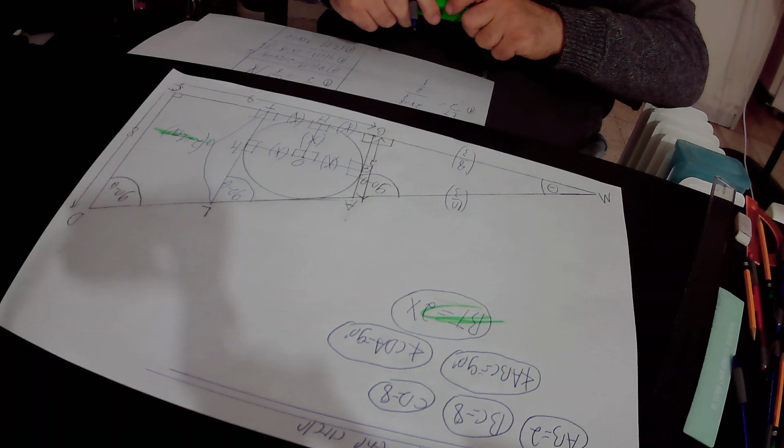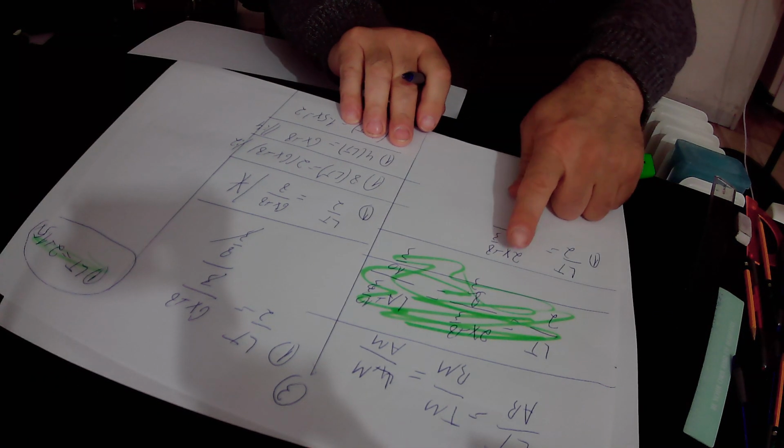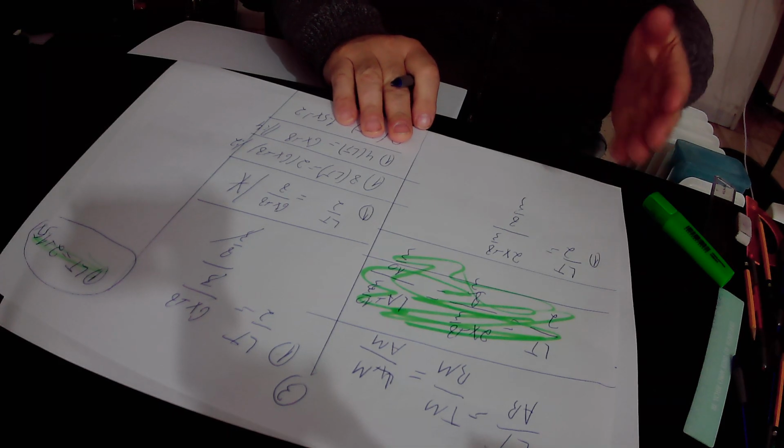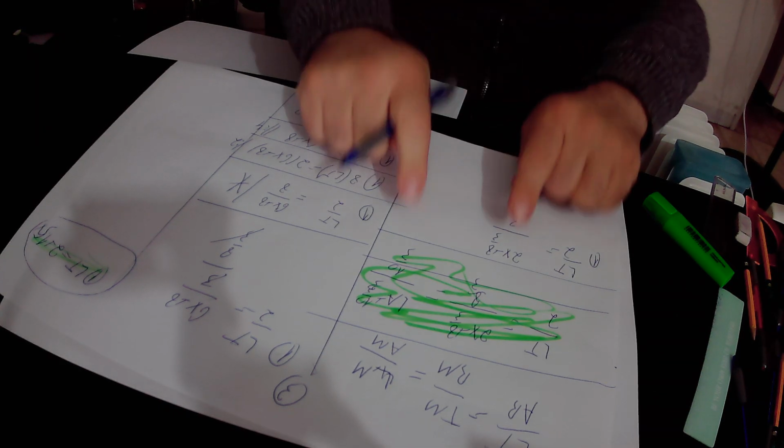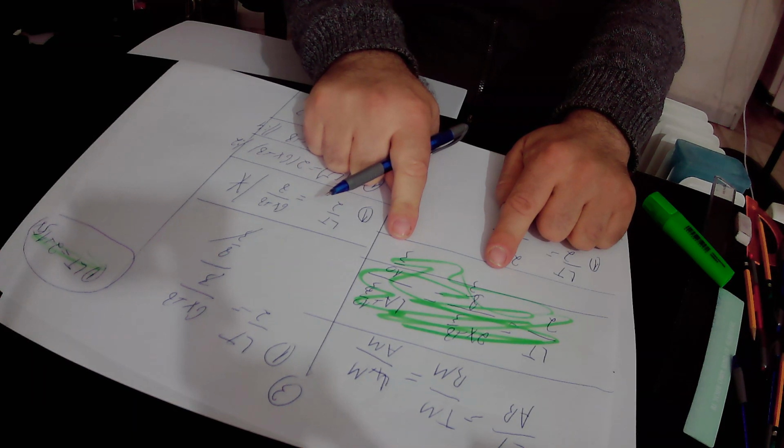We will continue to focus on this long equation. Here we have those two sides that are equal to each other. Therefore, we get equation 2 from those two sides.